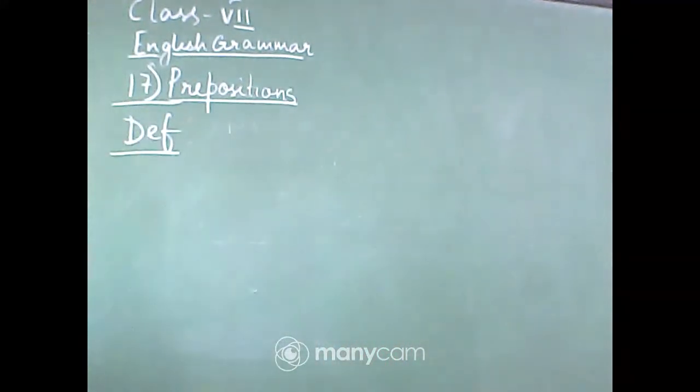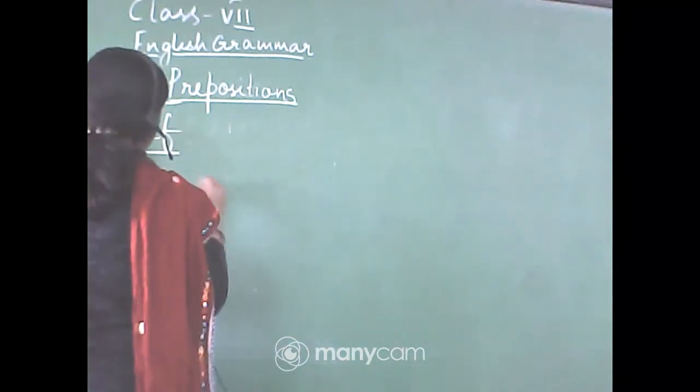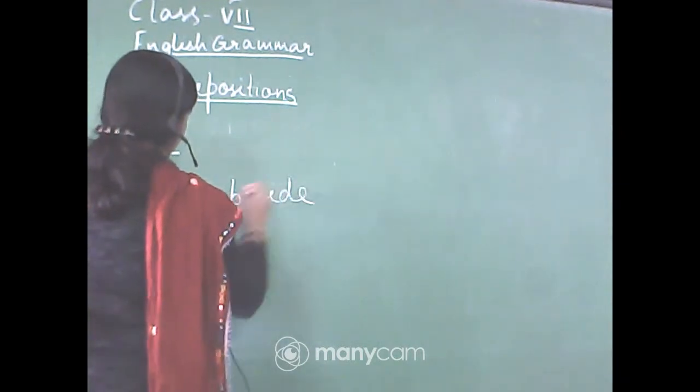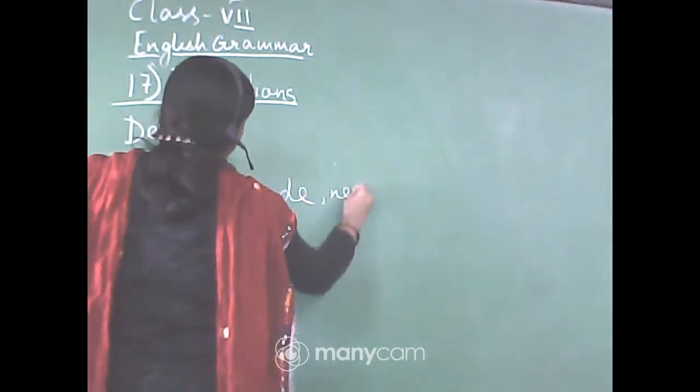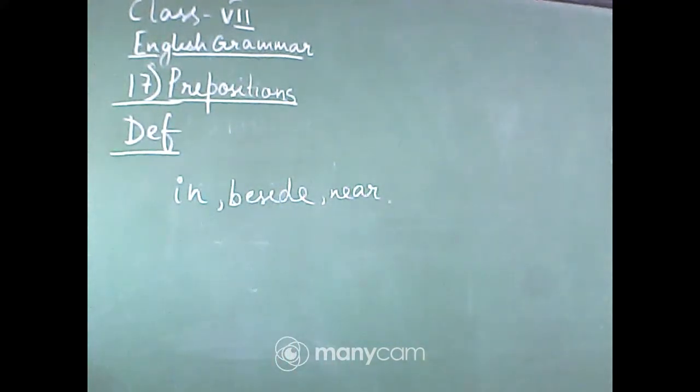Okay, there are different types of prepositions. Prepositions of place and position. They indicate the position of something with respect to something else, right? So what are the prepositions of place and position? In, beside, near, on, between, under.